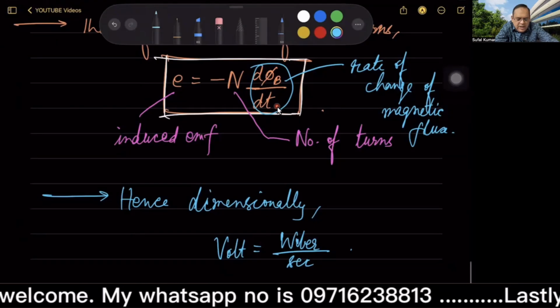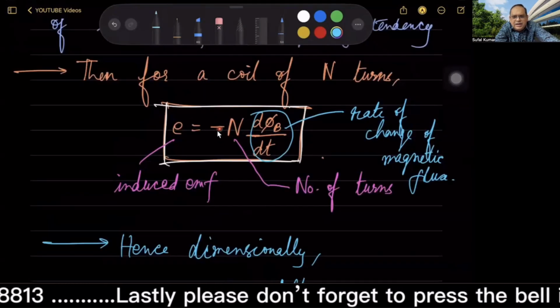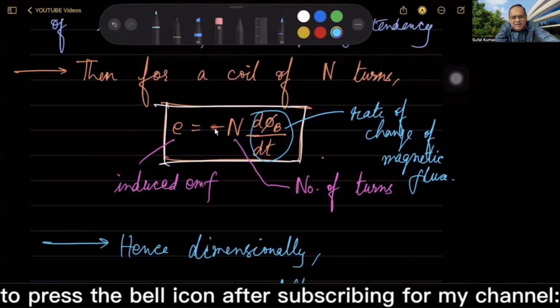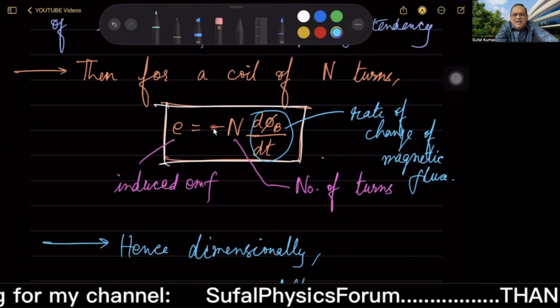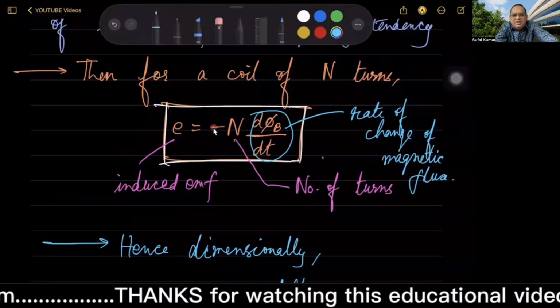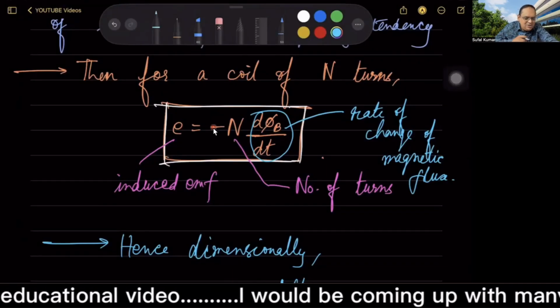Now, as far as this equation is concerned, this negative sign signifies the opposing tendency we have mentioned. And this same opposing tendency is talked about in Lenz's law. Now let's see what Lenz's law is.